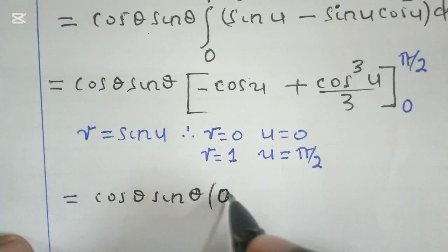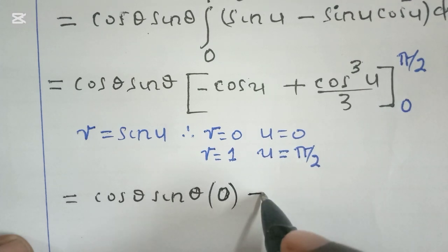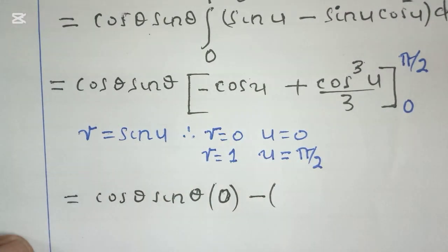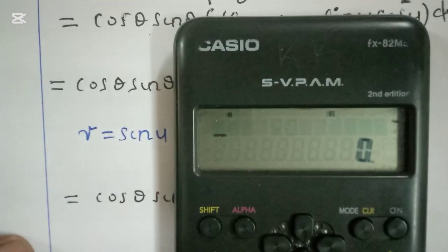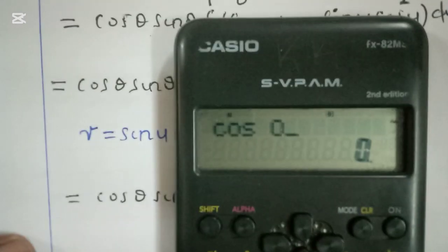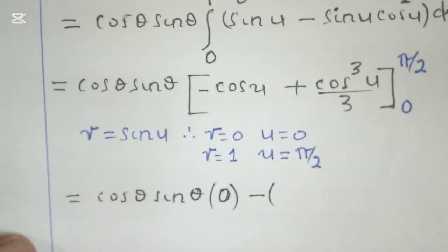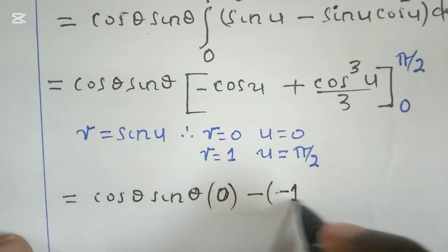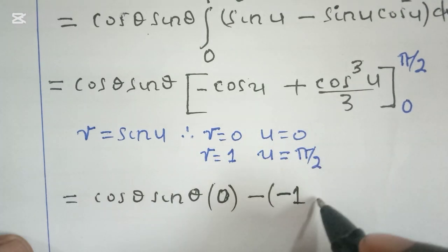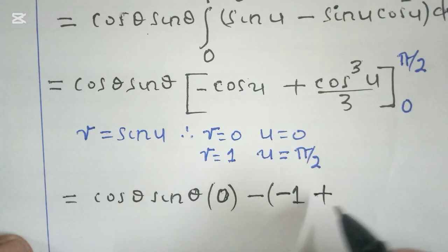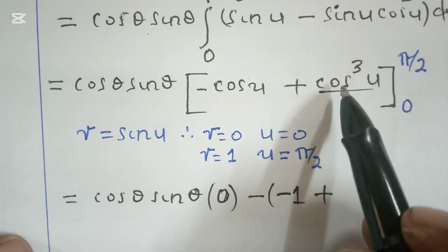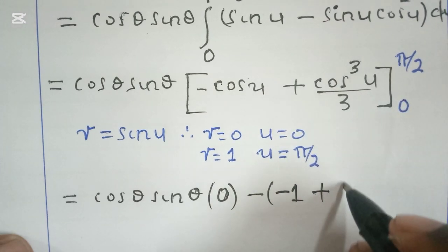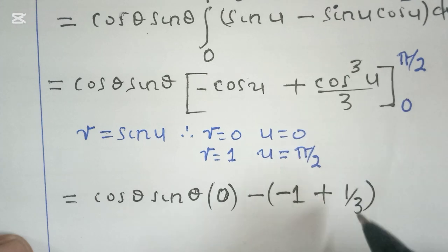And then we come and minus cos 0. For cos 0 is equal to 1, so we are going to have minus 1 there. Then plus cos 0 is going still to be 1, so this one is going to be 1 all over 3.